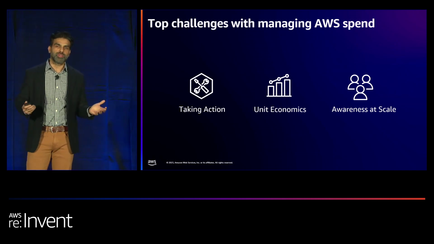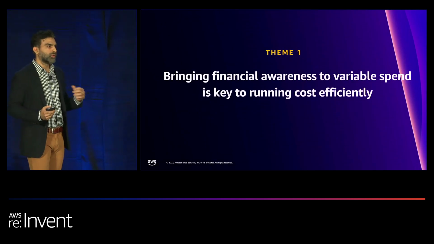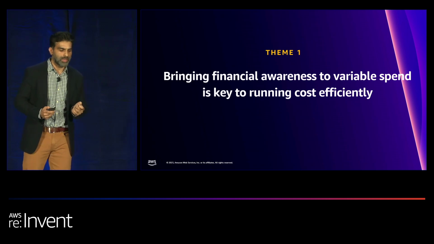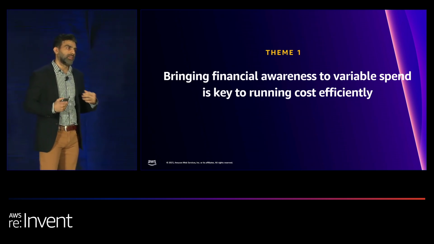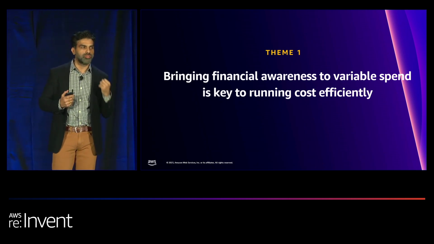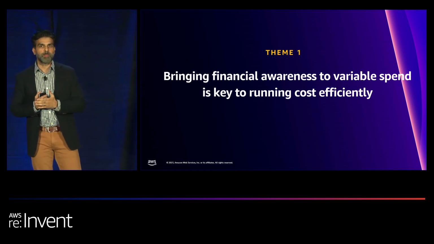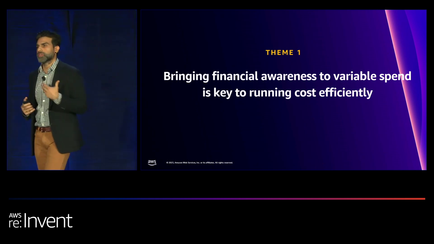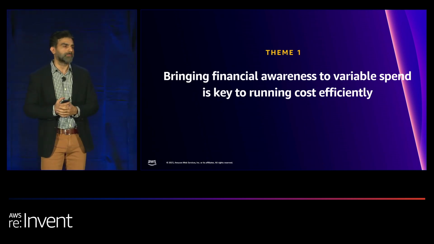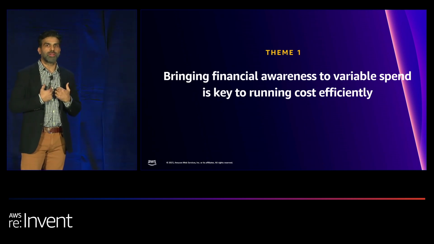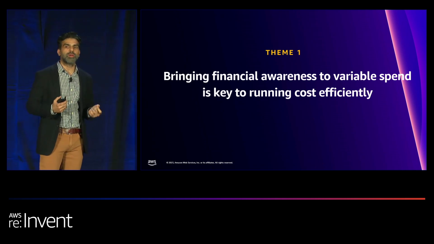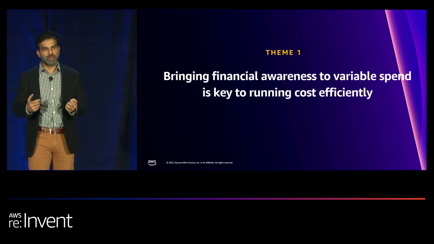Now, when we unpack these questions and pain points, we see a few themes that are at the core of these challenges. The first one is, bringing financial awareness to variable spend is key to running cost efficiently on AWS. And this is more about the customers who are moving their workloads to AWS. When we think about cloud, we don't think about that as a destination. We think about cloud as a mental model.